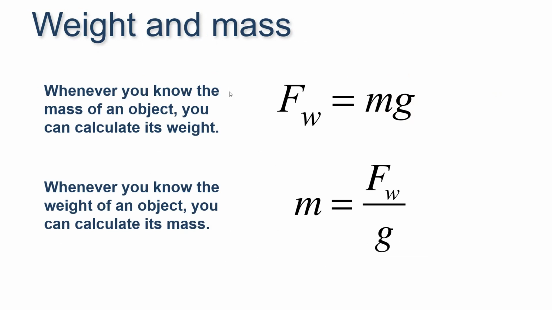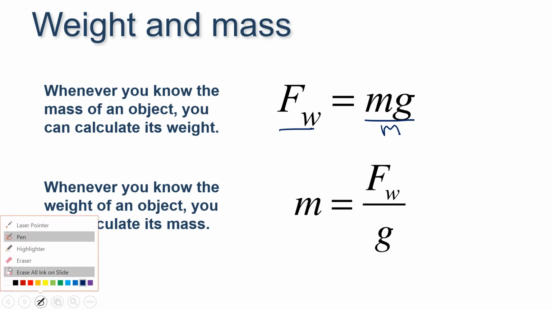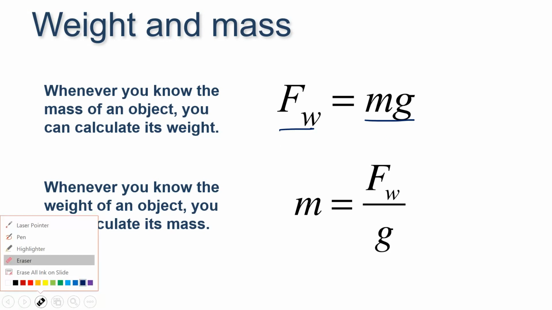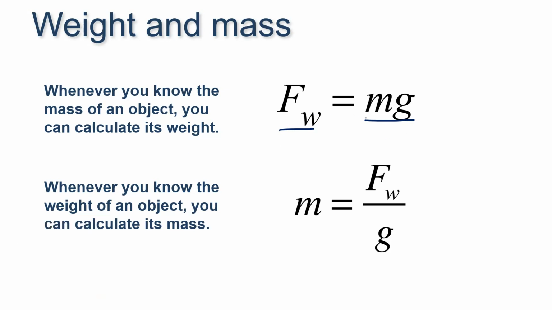We are almost done. So I don't know if you picked up on this, but if you take that original equation and you divide it by g on both sides, you'll get this. m is equal to the force or weight divided by g.